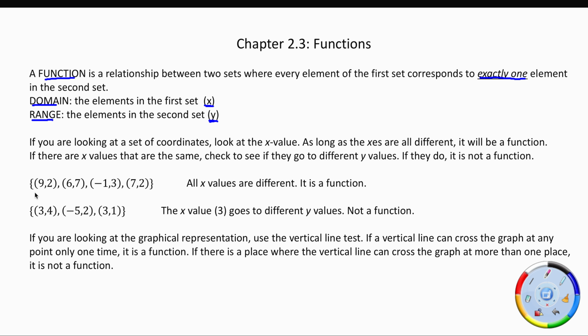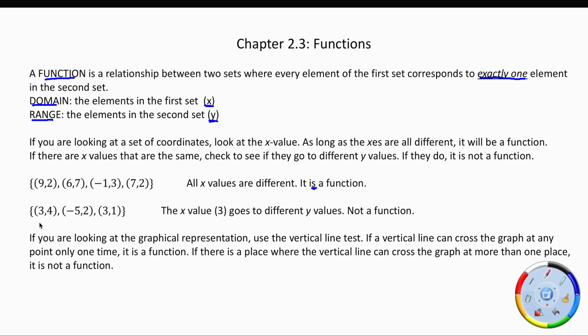For example, here's a list of coordinates, and the question is, is it a function? Well, the x's are 9, 6, -1, and 7. It is a function. It doesn't matter what the y's are, only that every x, every element in the domain, goes to one y. So this one is a function.